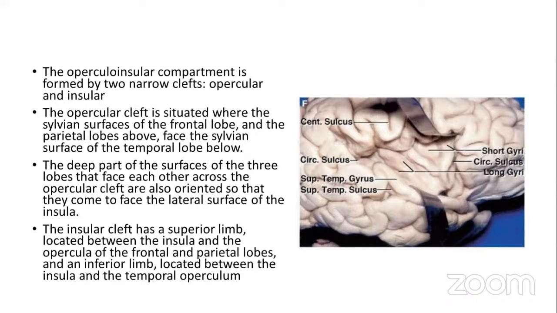Okay. So for the operculoinsular compartment, we have two clefts. One is the opercular and the other is the insular cleft. The opercular cleft is basically separating the frontal and temporal operculi from the insula.